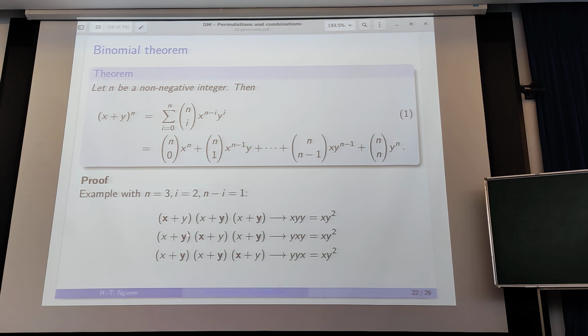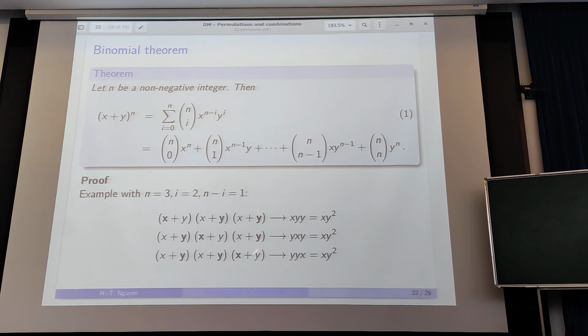For example, here you can choose y from the first sum, x from the second sum, and y from the third sum. So in this case you have y times x times y, and you can rearrange to get the same. And similarly you can choose y, y, and x, and you get the same.